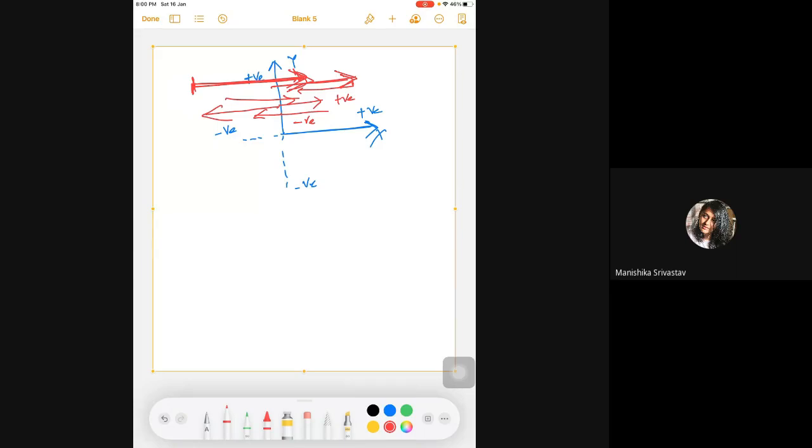So it is our convention that we will put the axis on the pole. Always put the axis on the pole. Like here, if you draw a thin lens, the pole will be here, and this is the axis of the lens.